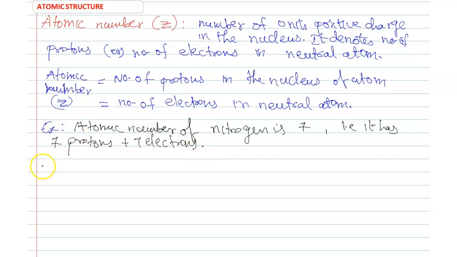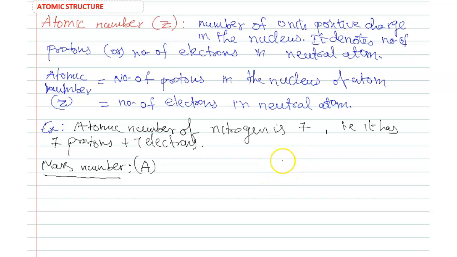Next, mass number. The mass number symbol is capital A. So what is mass number?